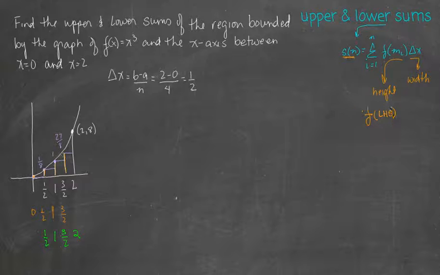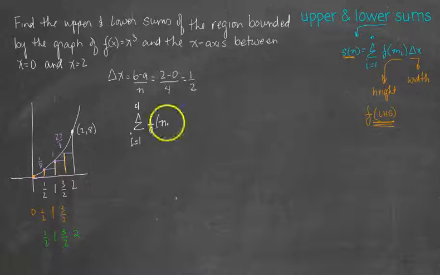This is very sloppy notation just to make the point, but we're looking for the function at that point. So we can put this together now as a sum. Since we're dealing with 4 partitions, we're looking for the sum from i equals the first partition to the fourth partition of f of m sub i, times delta x.